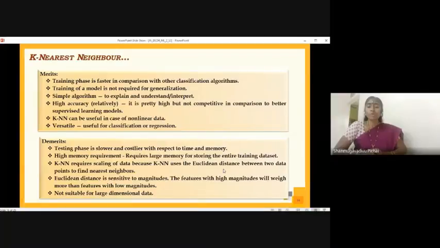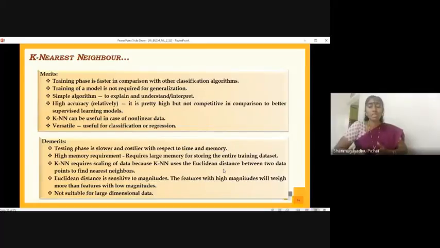The algorithm uses the Euclidean distance between two data points when finding the nearest neighbors. It is interesting to note that the Euclidean distance is quite sensitive to the magnitude of the values that we calculate. It is quite possible for a problem to give rise to a lot of negative numbers as well, numbers with negative magnitude.